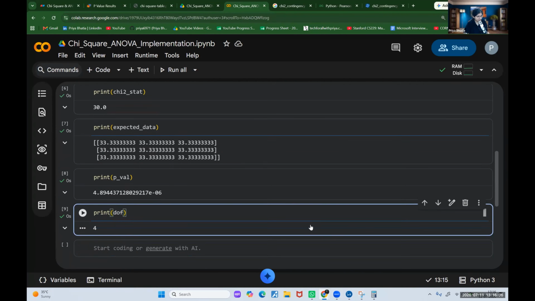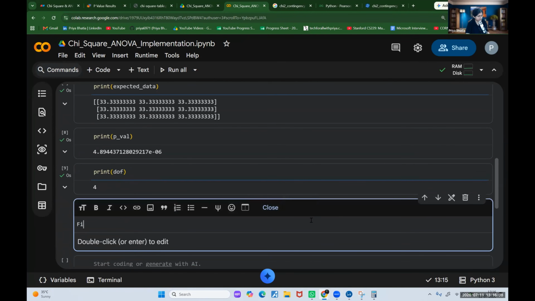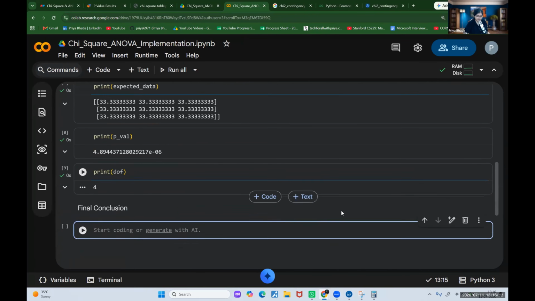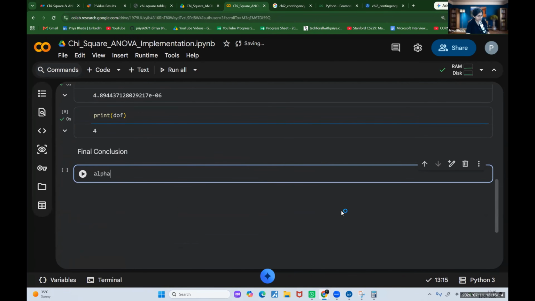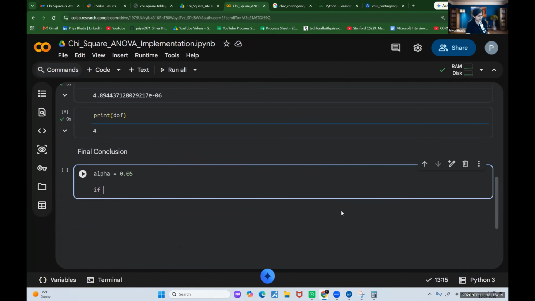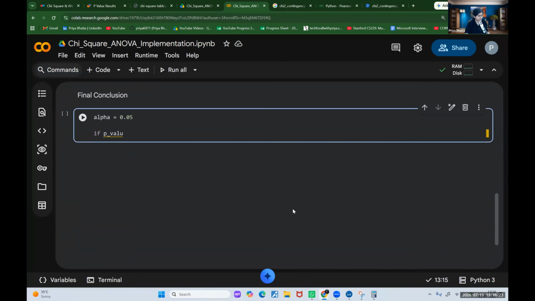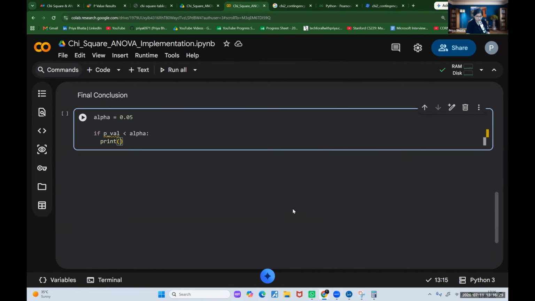Now if I go towards the final conclusion part, let's define the value of alpha as 0.05, and we can say if the p-value that we're getting is less than alpha, we will go ahead and reject the null hypothesis.